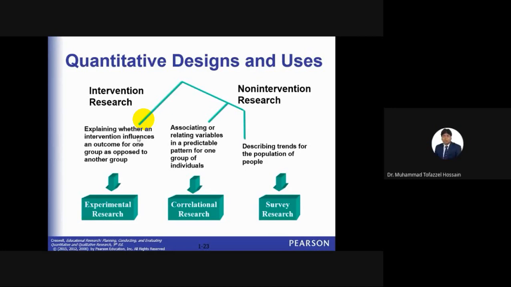Then based on your research question, you have to design your research. As per your research design, you will collect the data, and as per the objective of your research, you will analyze the data and report accordingly. Is the whole process clear? Yes, it's clear.